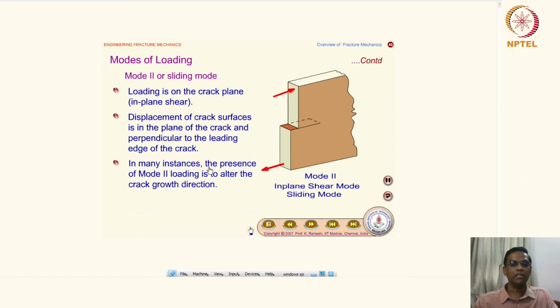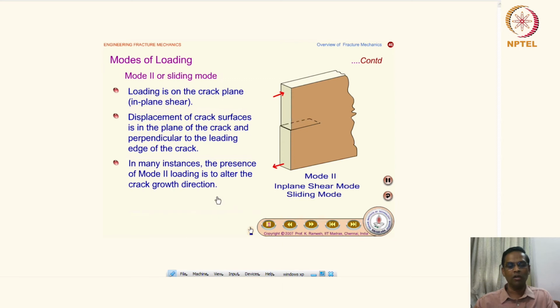In many instances, the presence of mode 2 loading is to alter the crack growth direction. So we can also interfere with the crack growth, okay, by adjusting the loading. So this is one of the ideas. So the mode 2 is also called sliding mode.